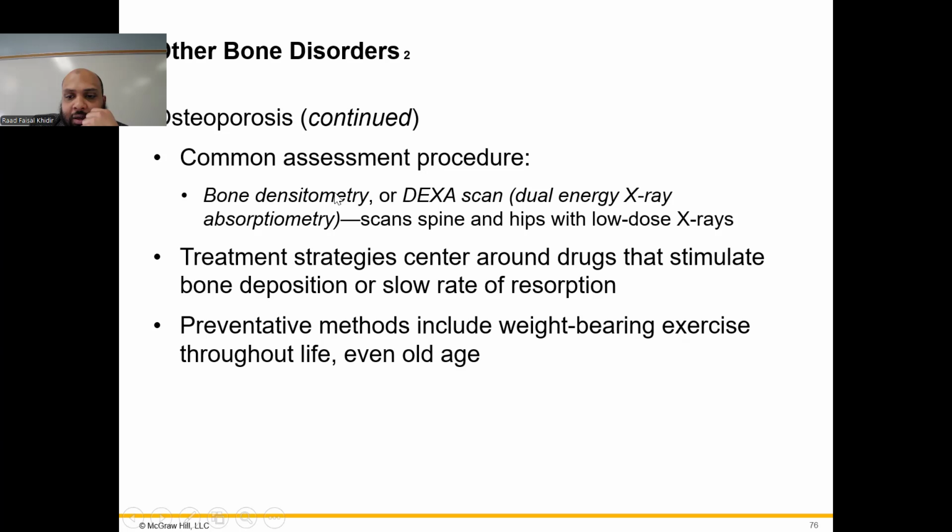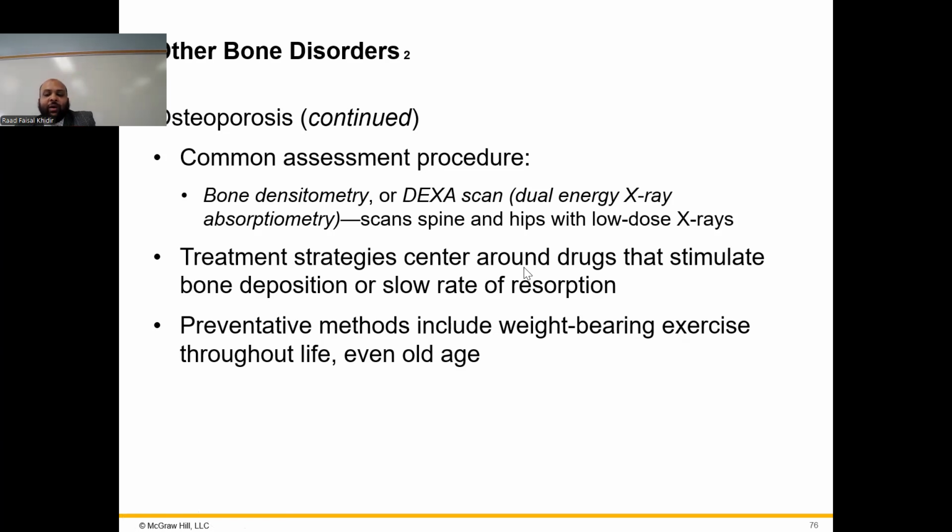Common assessment procedure: the bone densitometry or the DEXA scan scans the spine and hips with low dose x-rays. The treatment strategies center around drugs that stimulate bone deposition or slow the rate of resorption.